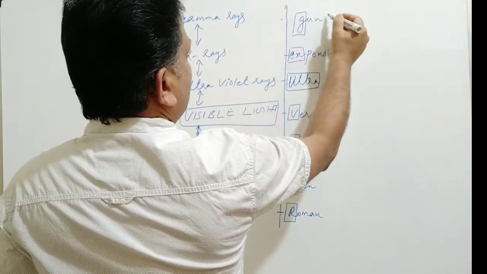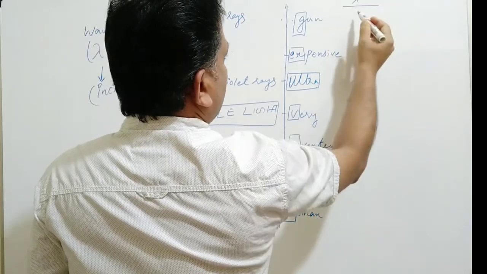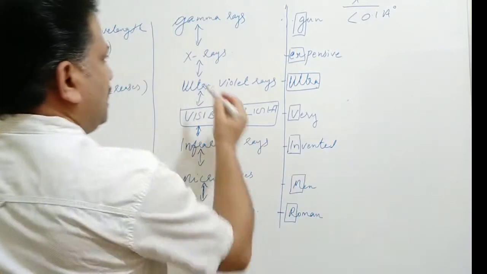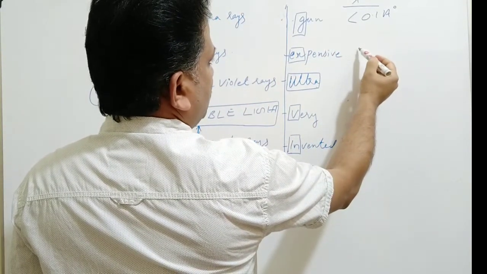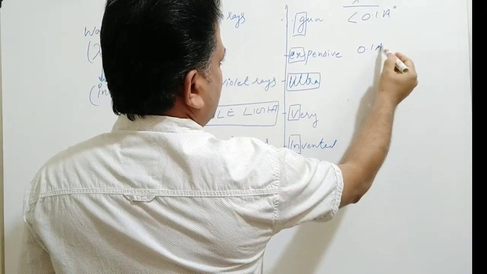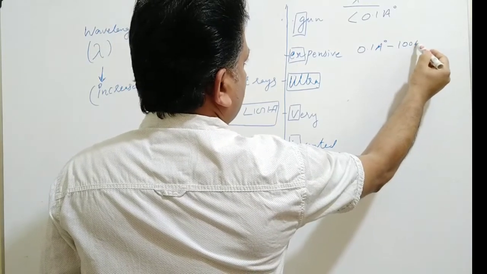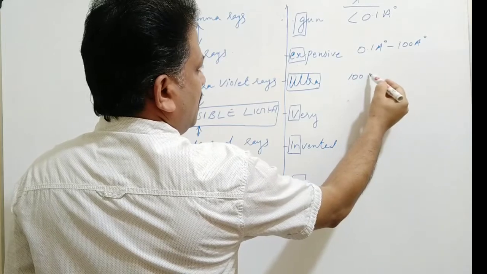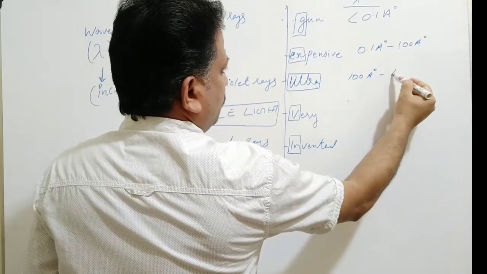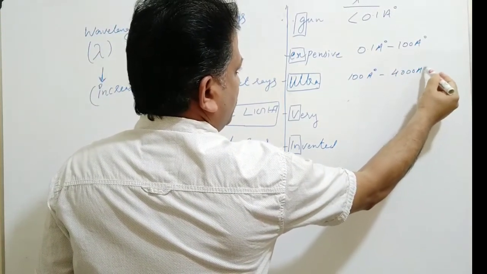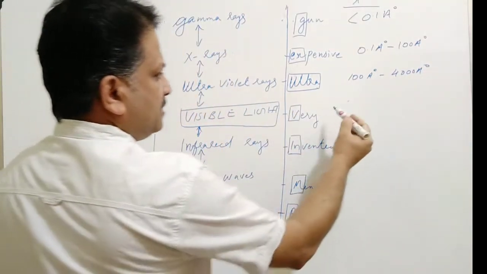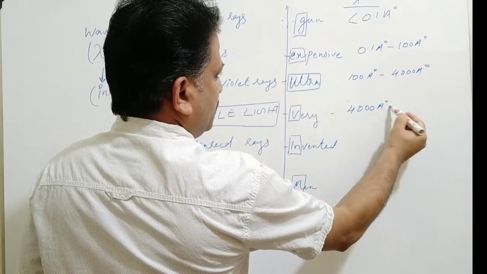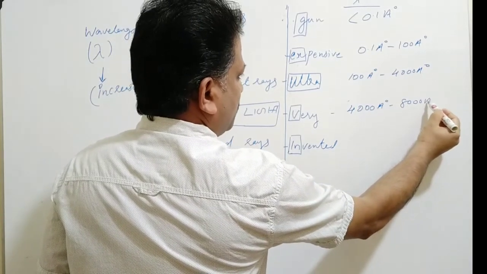For gamma rays, the wavelength range lambda is less than 0.1 angstrom unit. For X-rays, the wavelength is between 0.1 angstrom unit and 100 angstrom unit. For ultraviolet rays, 100 angstrom unit to 4000 angstrom unit. For visible light rays, very important, 4000 angstrom unit to 8000 angstrom unit.